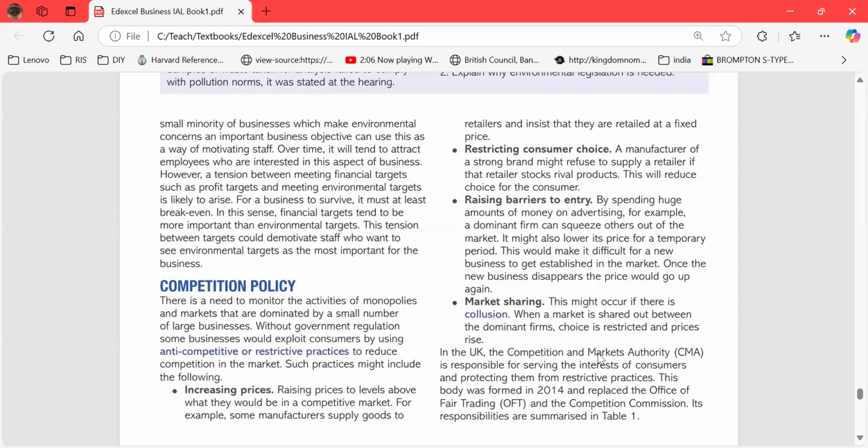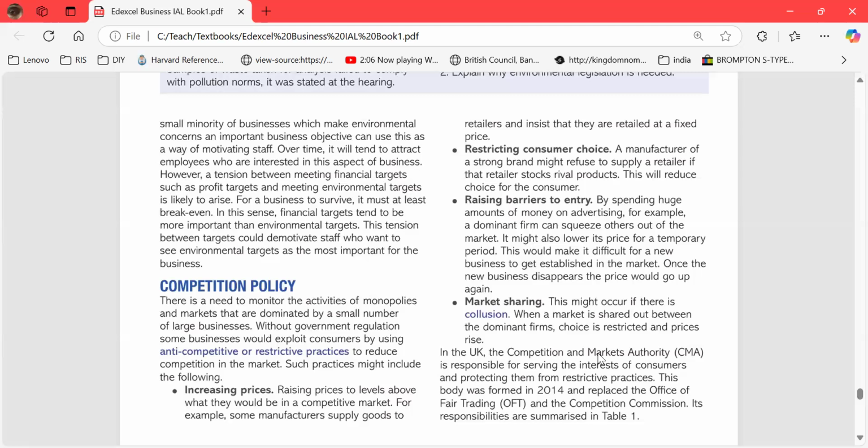What they do is geographically share the market, like in area A there will be Coca-Cola, and in area B there will be only Pepsi. So if they share the market, there won't be any competition between them.